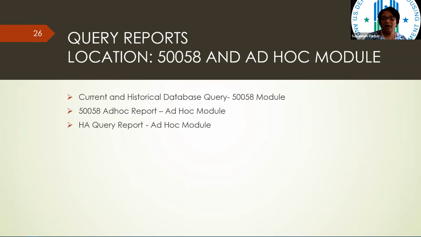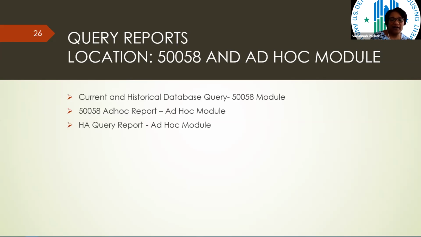And it's based on all of the fields that are within the 50058. So this is something that I just wanted to point out to housing authorities that is available to them if they ever wanted to run a report to get certain types of information that you just might want to look at. It's not a required report. It's just more of, if you want to get in there and play around with it, you can do that.